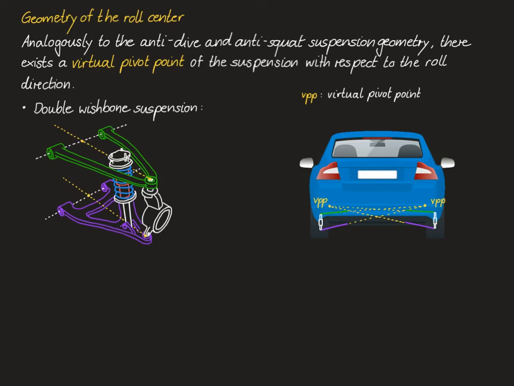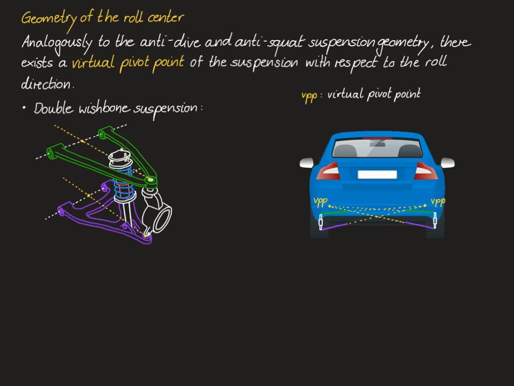What we know is that if the chassis of the vehicle was fixed in space, then the left wheel would pivot around the left pivot point and the right wheel would pivot around the right pivot point. If the wheels were fixed instead, then it would be the chassis that pivots around these 2 points.